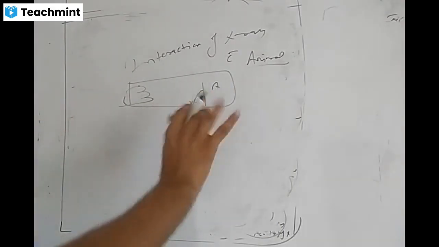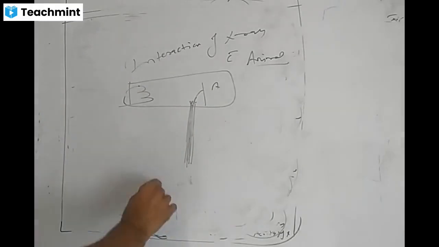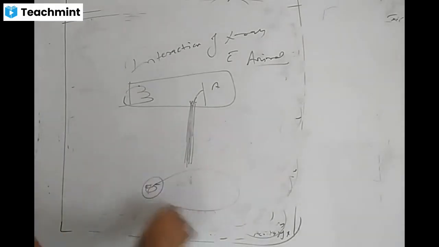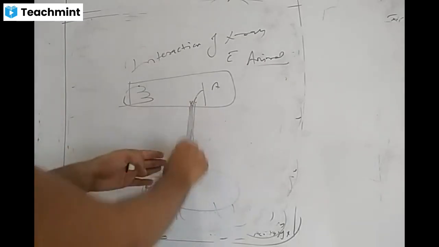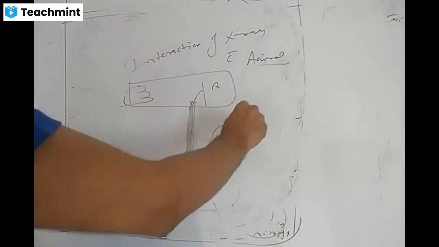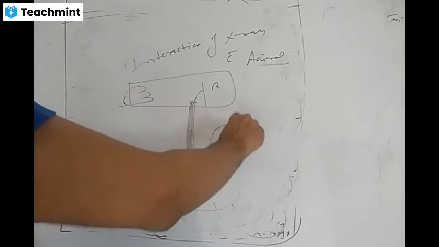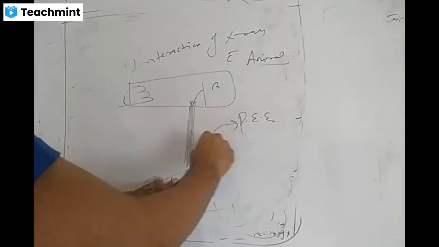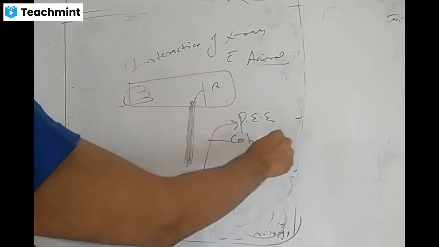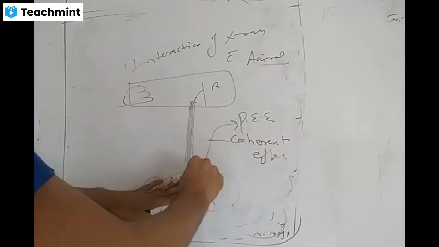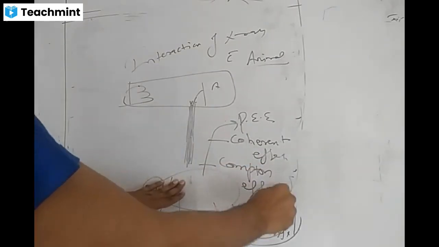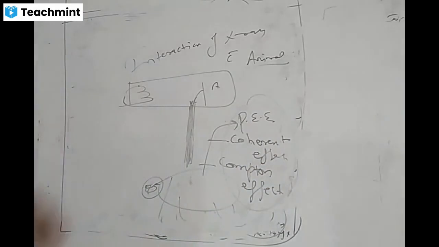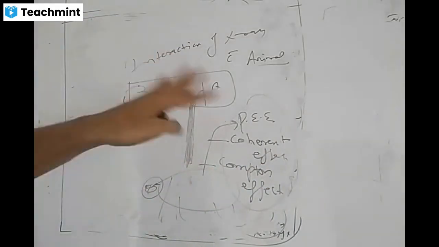Once it strikes the animal body, some interactions occur. Once this directional beam strikes, what will happen? There may be the photoelectric effect, the coherent effect, and the Compton effect. This type of interaction of our beam with the animal we will cover in the next video.